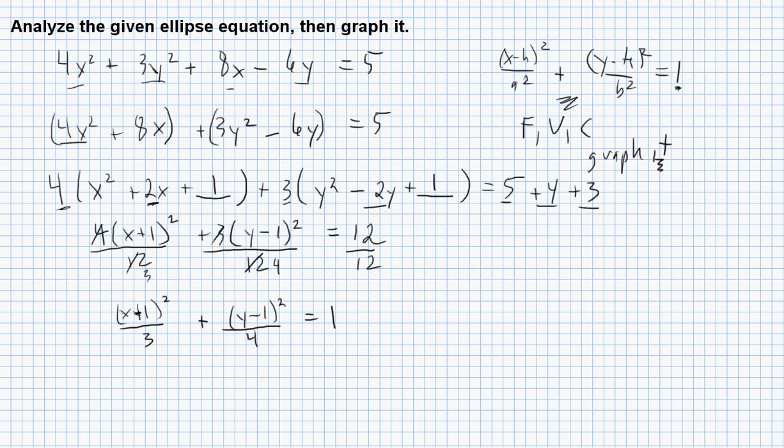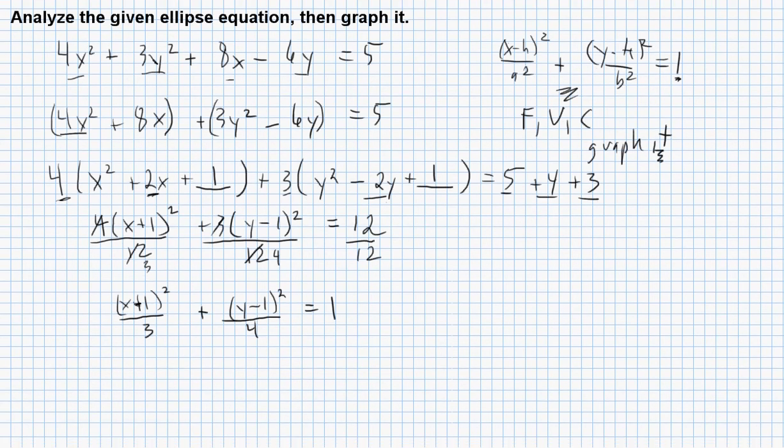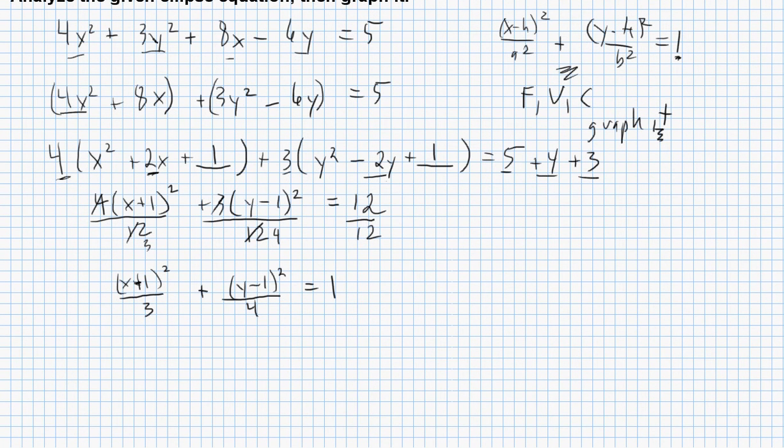And so we can now look at that and we can see that the larger value, the a value, is under the y. So this is a vertically oriented ellipse. And so that means, roughly speaking, it's going to have this shape here with the foci oriented vertically on the major axis.